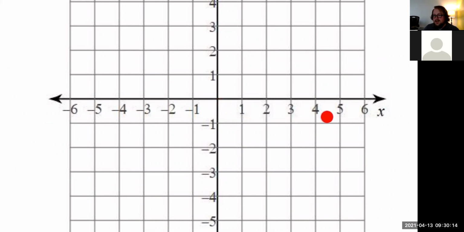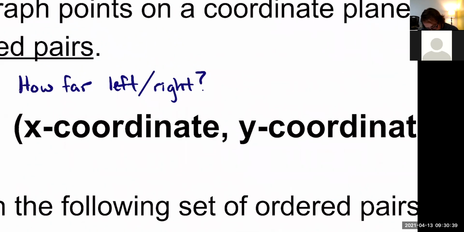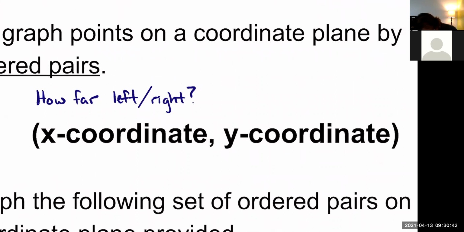What can you tell me about all the values to the right of the origin? They're all positive, increasingly so the further right you go. What about all the values to the left of the origin? They're all negative. So by simply looking at the sign, that's going to tell you which direction, whether it's left or right. And then the value itself tells you how far. So I'm going to sketch this in here real quick. So left is going to be our negative, right is going to be our positive.